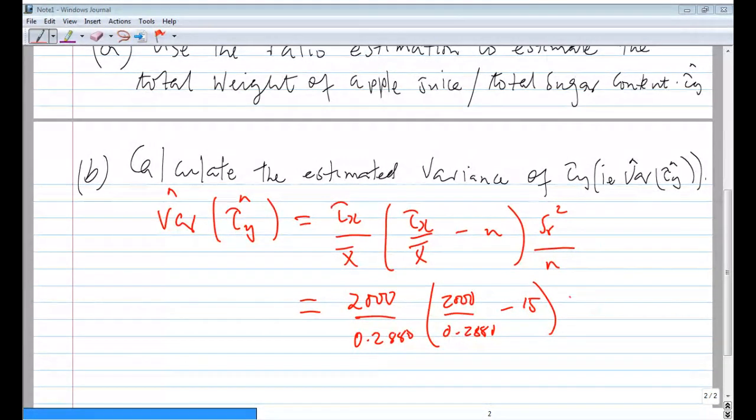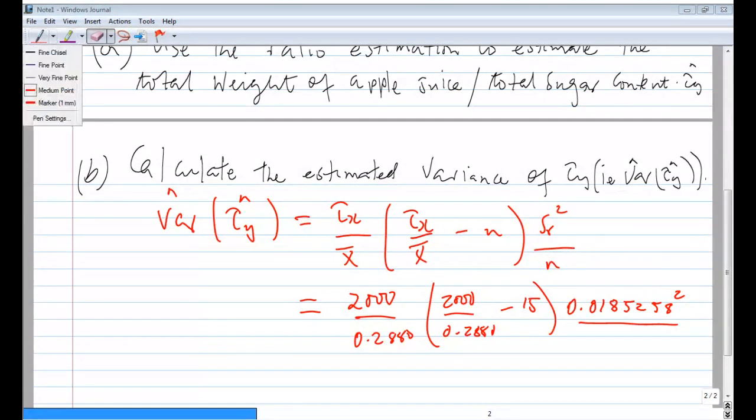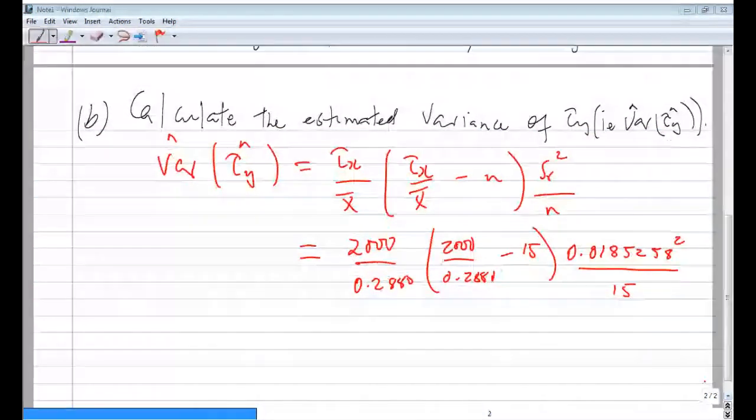So we're going to square 0.018528. Then you divide by n. n is 15. Then you can give me the final answer.